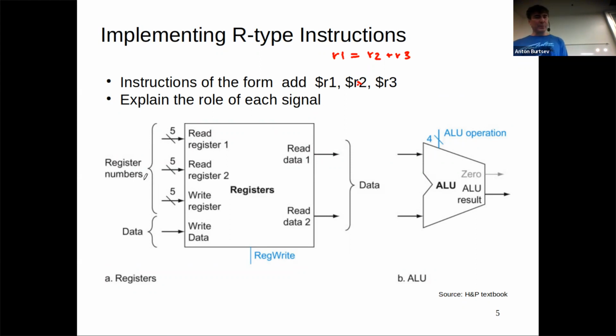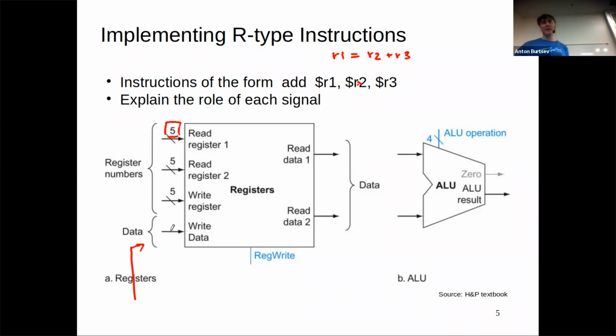If we have a register file which is implemented as a memory, we can have 5 bits as inputs to select which register we want to read or write, and a separate port which allows an update of a register.